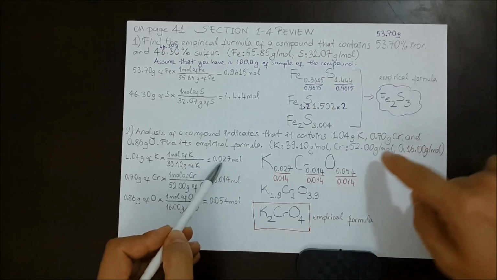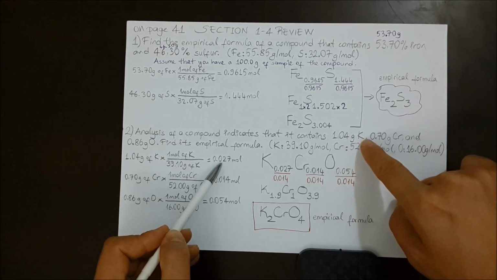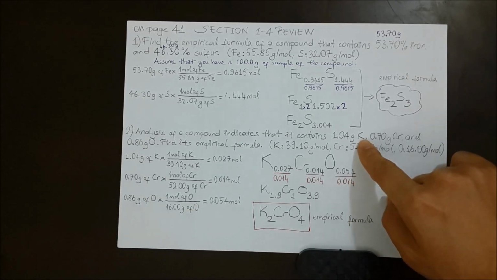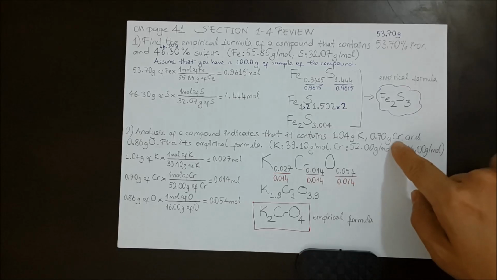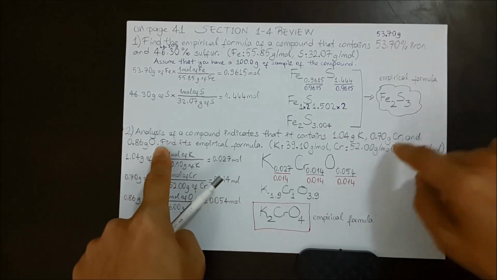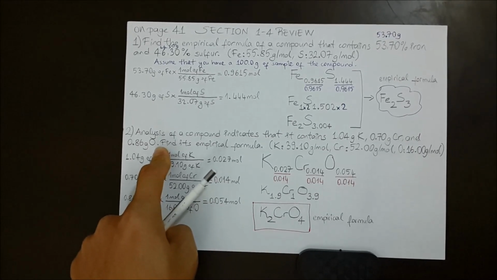So as you see here, the order is important. The order of elements given in the question is important. They are given respectively. So for this reason, my empirical formula must start with potassium, continue with chromium, and end with oxygen. This order is really so important.